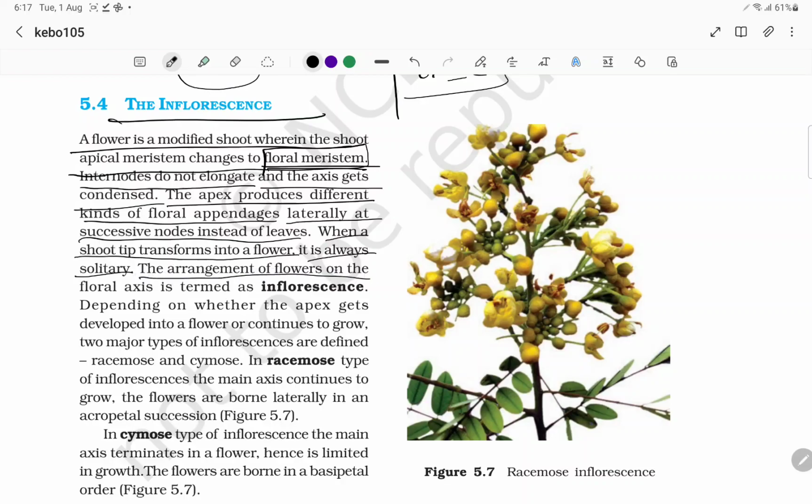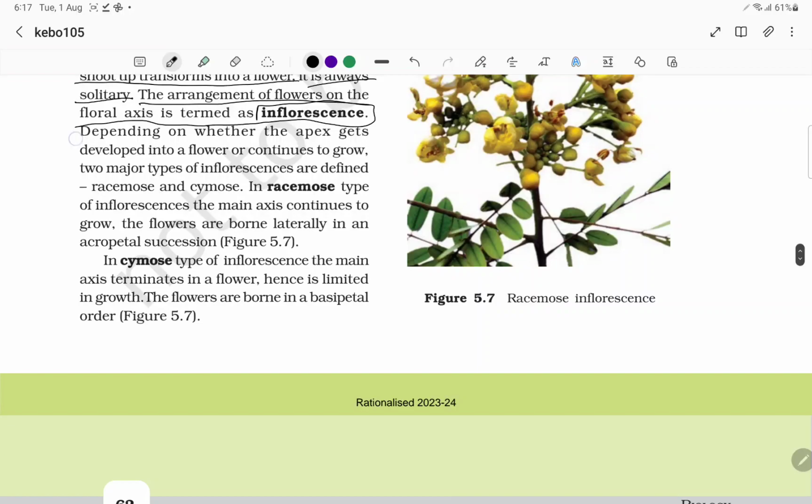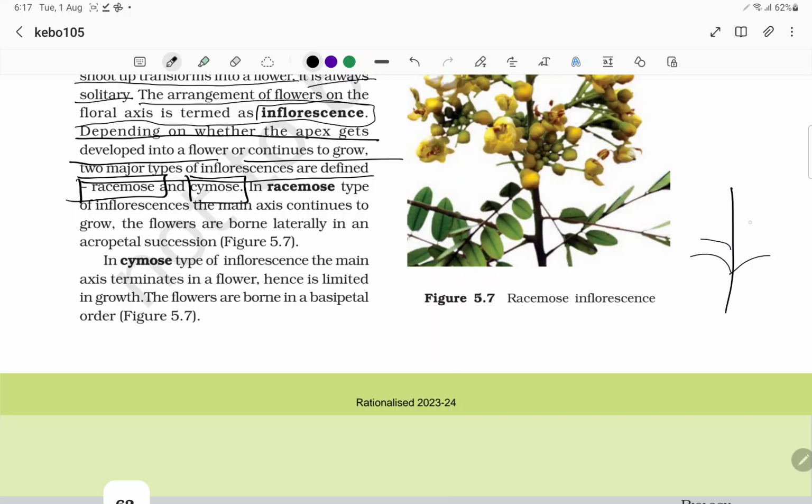The arrangement of flowers on the floral axis is termed inflorescence. Depending on whether the apex develops into a flower or continues to grow, there are two major types of inflorescence: racemose and cymose. So what is racemose? Remember, in racemose you will have the older flowers at the bottom.